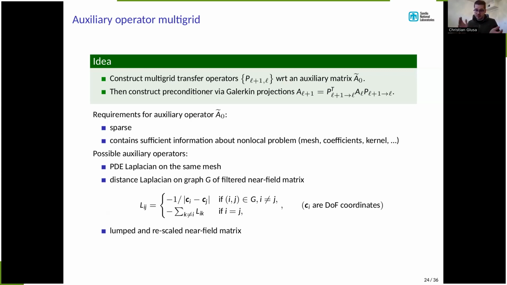It doesn't know anything about the kernel function of the non-local operator that we care about. The next option would be to use the near field matrix of our hierarchical matrix, apply a bunch of filtering to it, and then build a distance Laplacian on the remaining graph of this operator. That also is a very sparse version of our problem. Next slide, please.